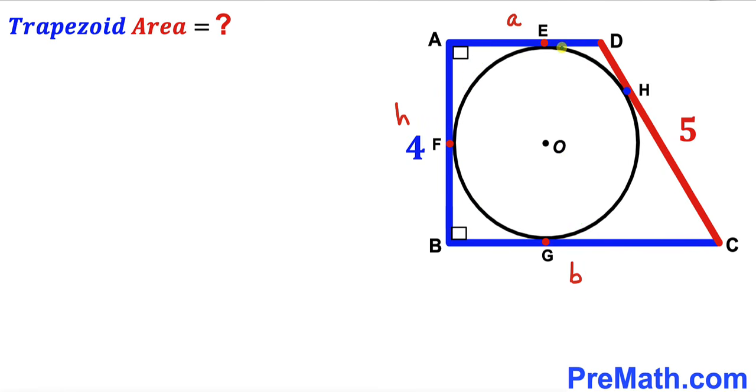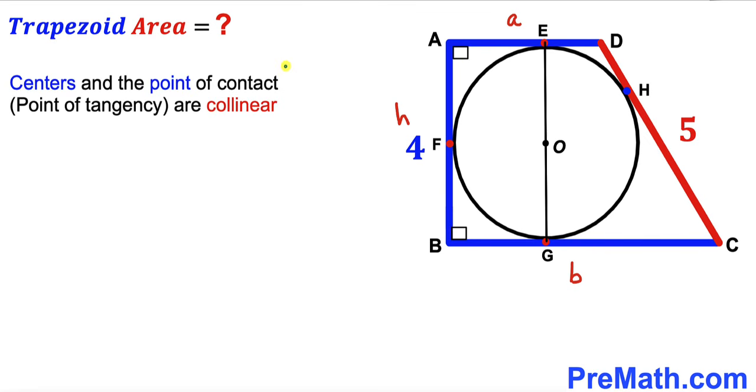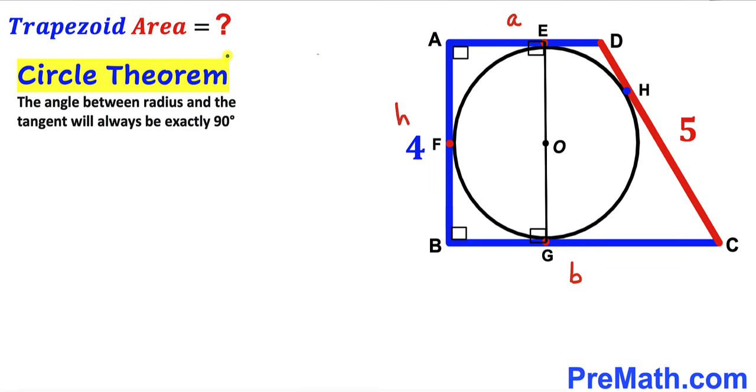In this next step, I am going to connect this point of tangency E and this point G. Let's recall this crucial fact: the center and the point of tangency are collinear. So no wonder this point E, this center O, and this point G lie on the very same line. Now let's recall the circle theorem.